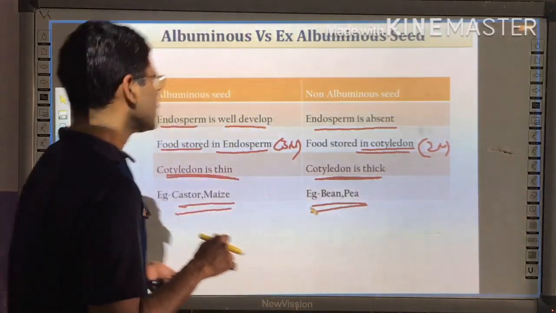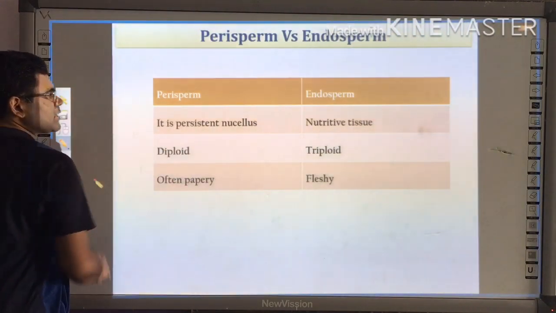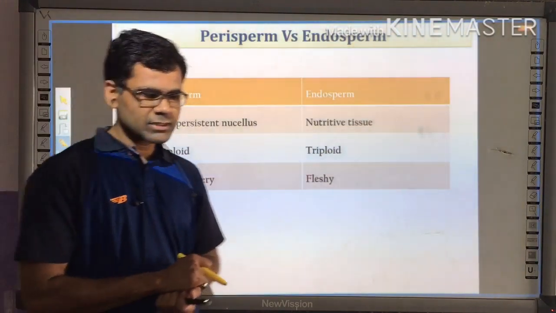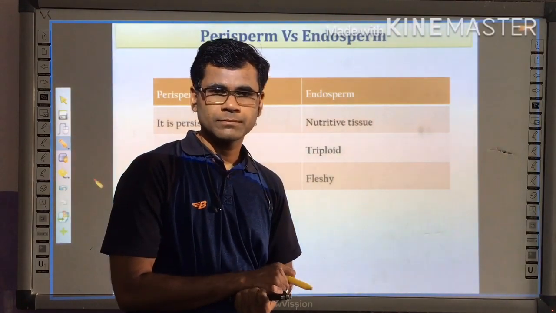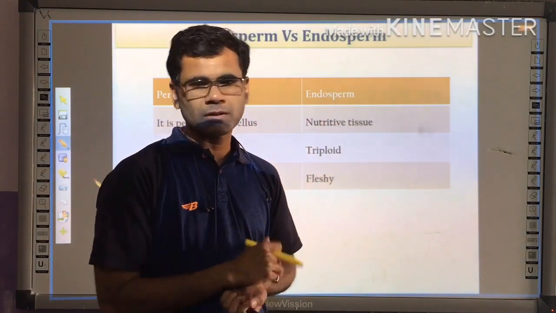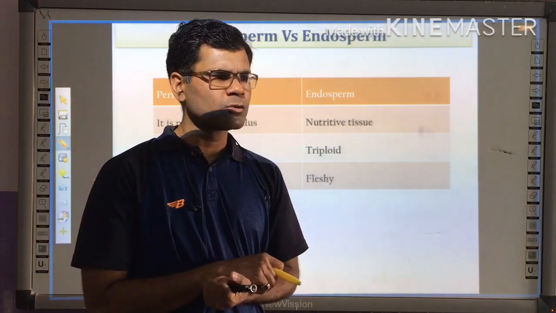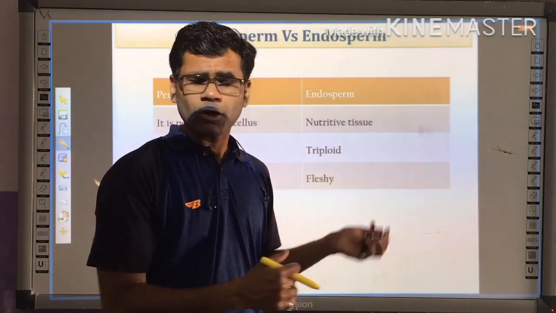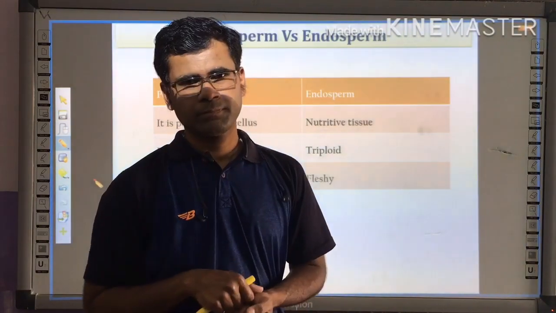Well, moving to another difference. Another very closely related difference is perisperm and endosperm, because sperm is there in both the terms. And one more difference I would like to include here, though we have not studied it yet, but you will study it in fruit formation, that is called pericarp.